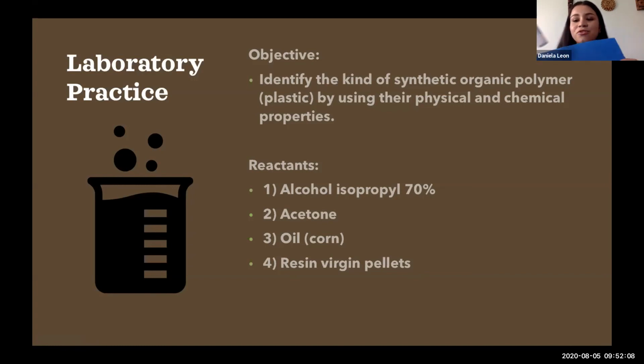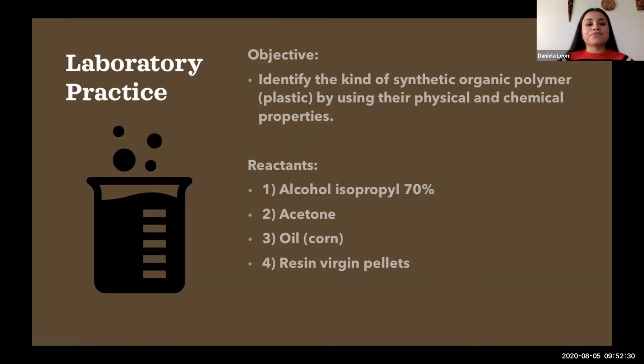I'm going to show you some of the virgin resin pellets. They look like this. I hope everyone can see them. Yep, good, thank you. And those are the ones we're going to be using for the laboratory practice.